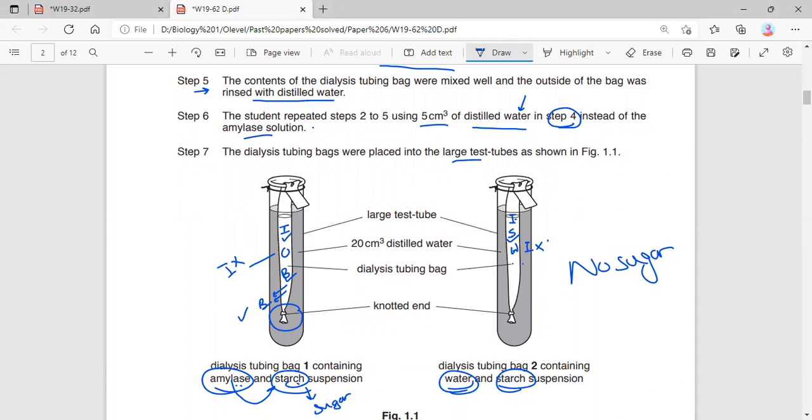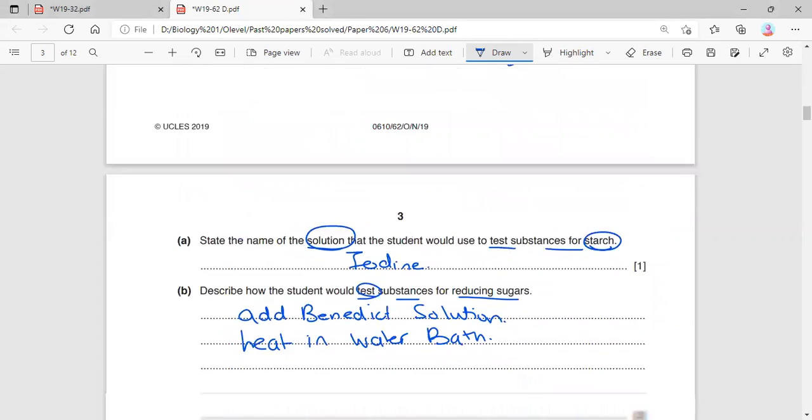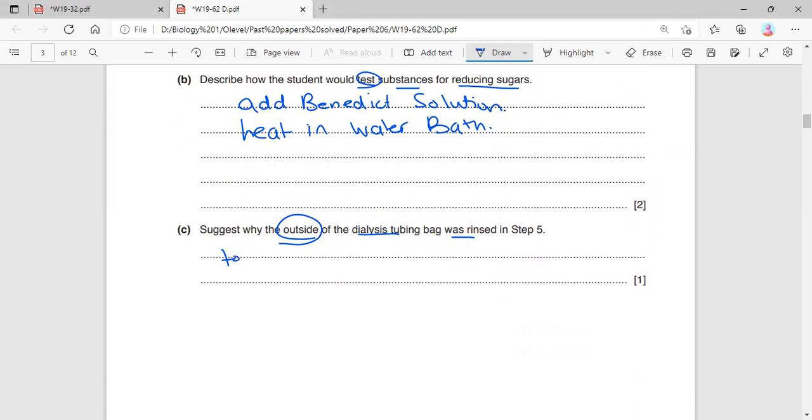So you have to remove it in order not to give you false results. Okay? So, to remove any starch on the outside.